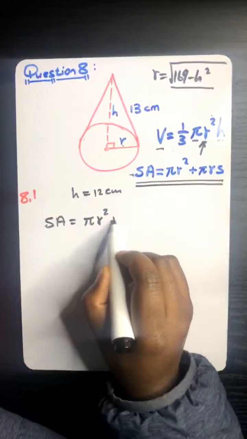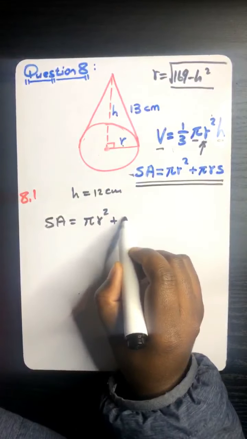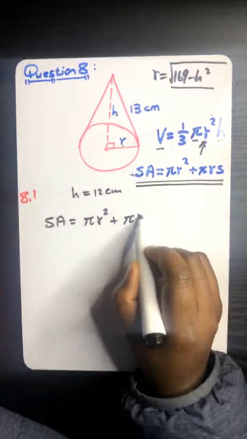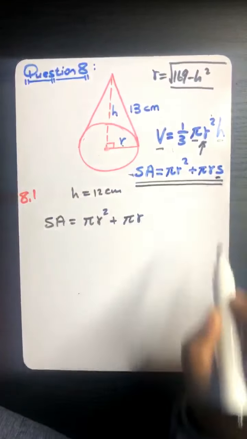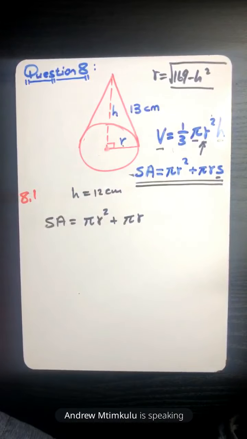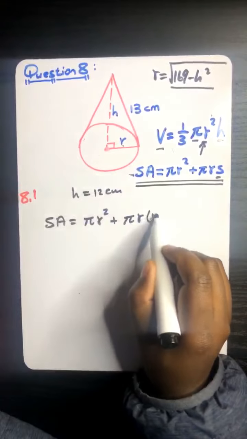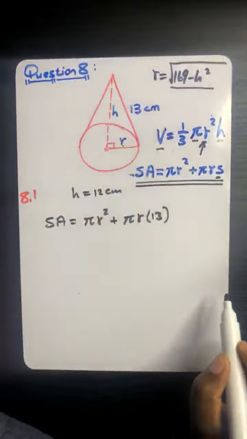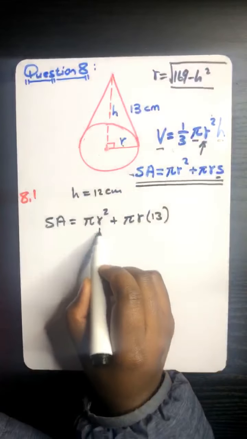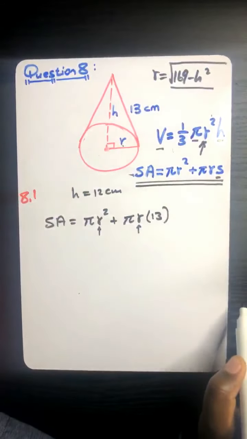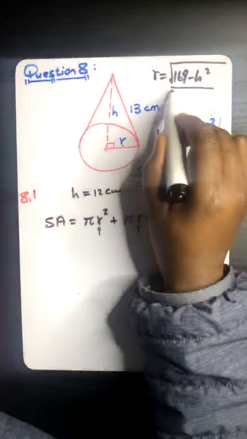And then let's say plus pi R, then what will that S be? 13. Yes, it is 13. So S is the slant side. So it seems like this is what we need to calculate using obviously that formula there.